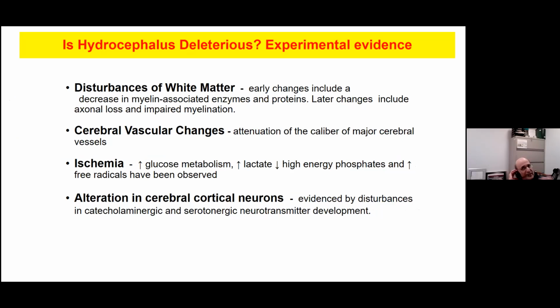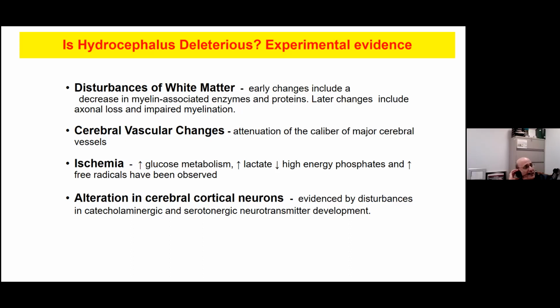Just briefly, the big question is, is hydrocephalus deleterious? If you look at experimental evidence, and I'm not going to go into this in depth, as a result of progressive hydrocephalus, you can get disturbances of white matter with early changes, particularly a decrease in myelin-associated enzymes and proteins. You can get cerebral vascular changes and attenuation of the caliber of the cerebral vessels.